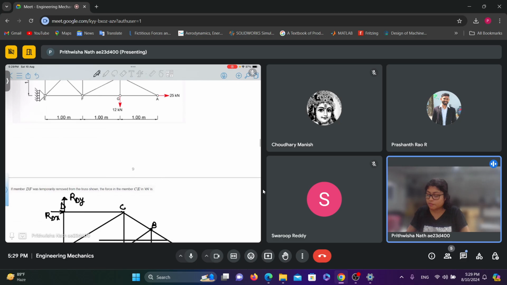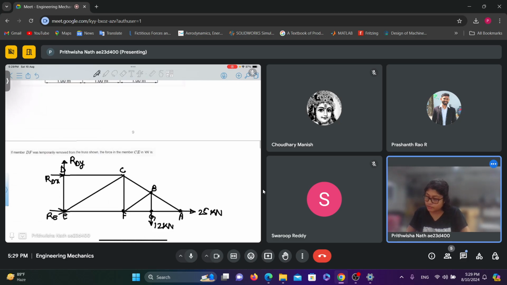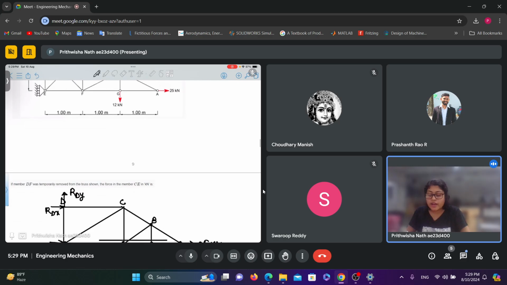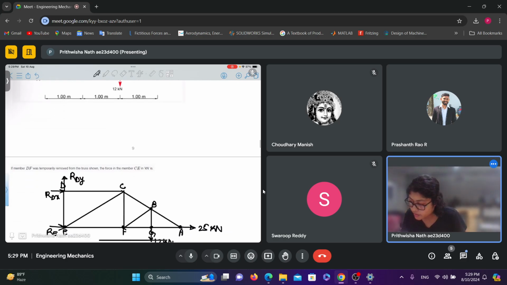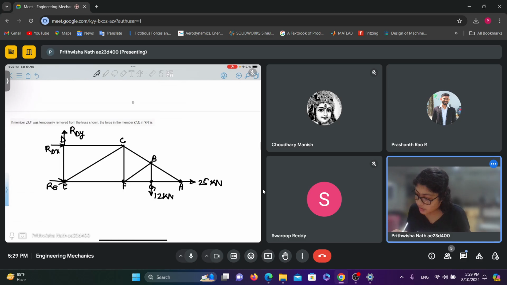Now according to the problem, I have removed the member DF and I need to find the force in member CE. This distance is 1 meter, this distance is 1 meter, this distance is 1 meter, and this distance is also 1 meter.